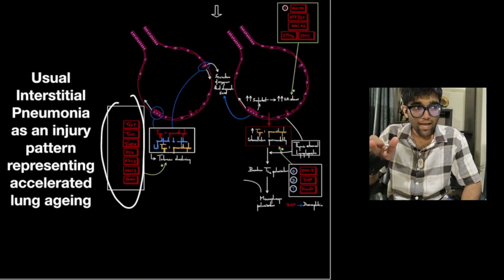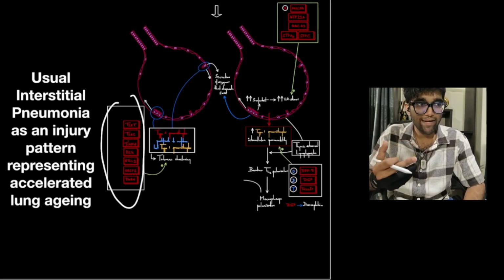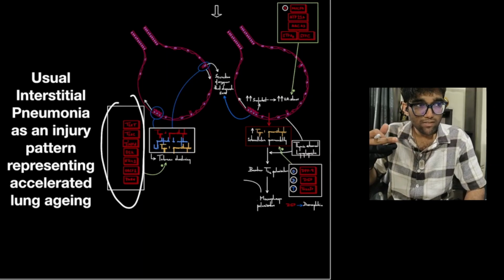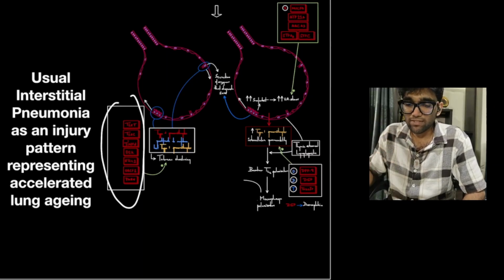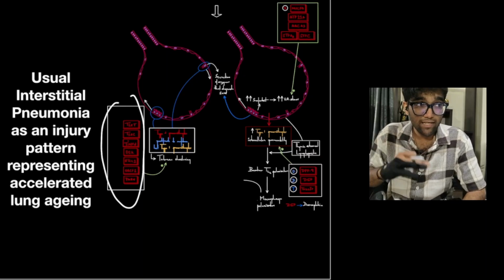Okay, now as a person gets older and this process keeps happening again and again, a 90-year-old human being or a centenarian will naturally start developing these lung changes, but some people develop them prematurely, much earlier than expected.